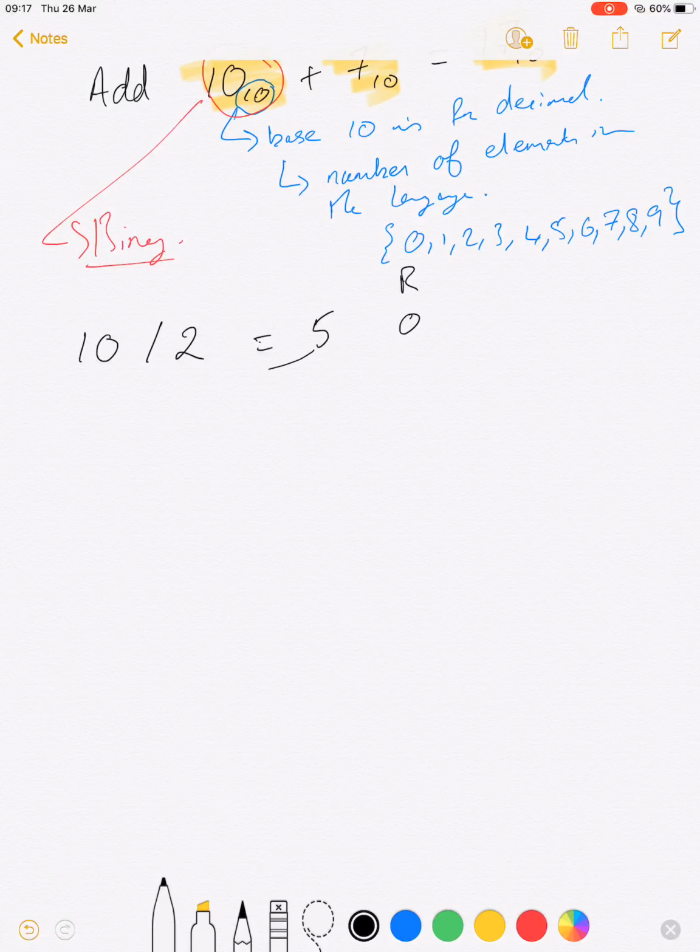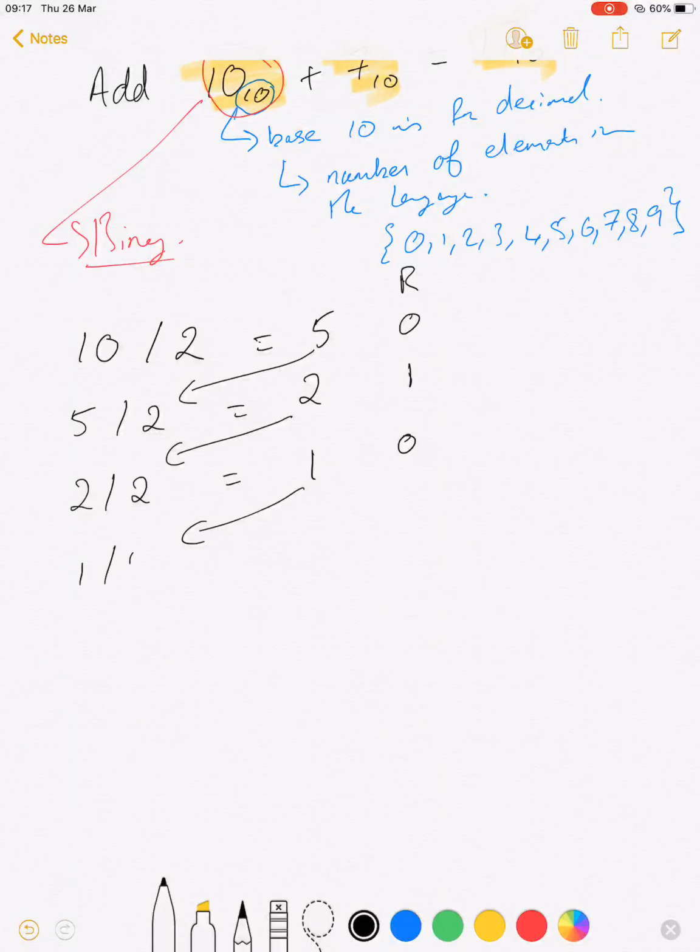Now we take this number 5, divide by 2, and this gives me 2, remainder 1. We take the 2, divided by 2, we keep dividing by the base, and 2 divided by 2 is 1, remainder 0. 1 divided by 2 gives us a 0 and a remainder of 1.